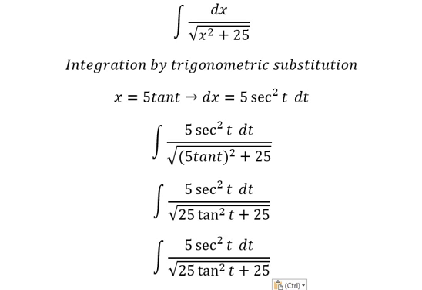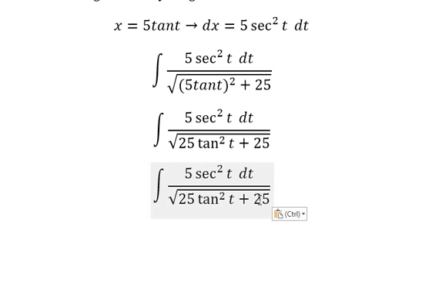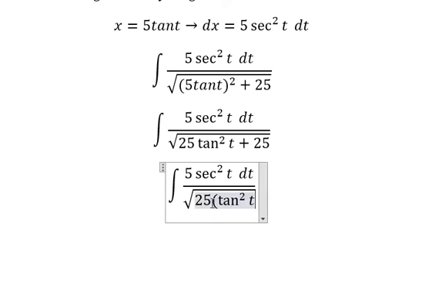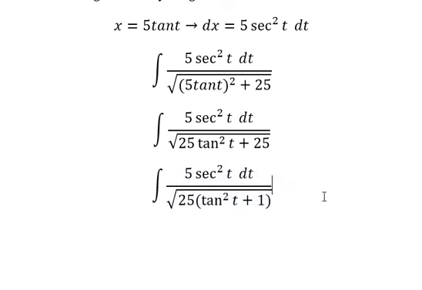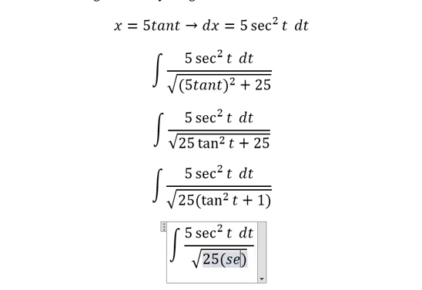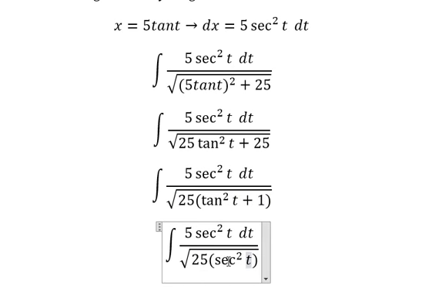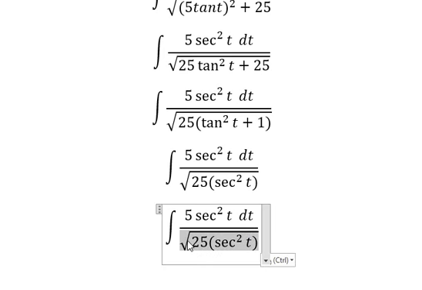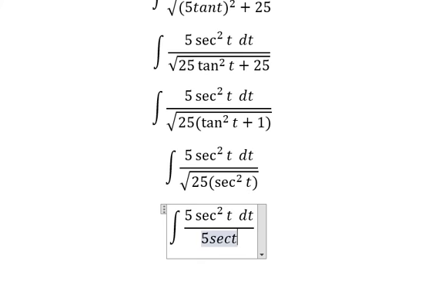Number 25 we can do factorization. So this one we have secant of t squared. This is about a trigonometric identity. This one we have 5 secant of t.